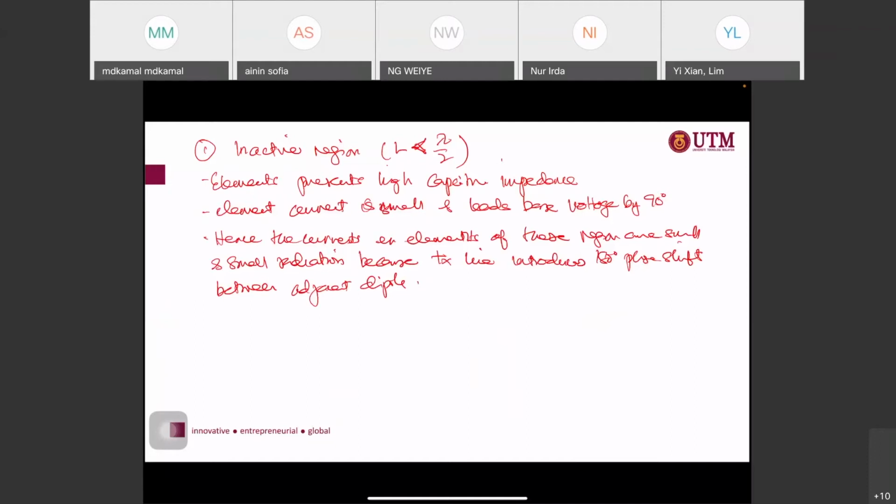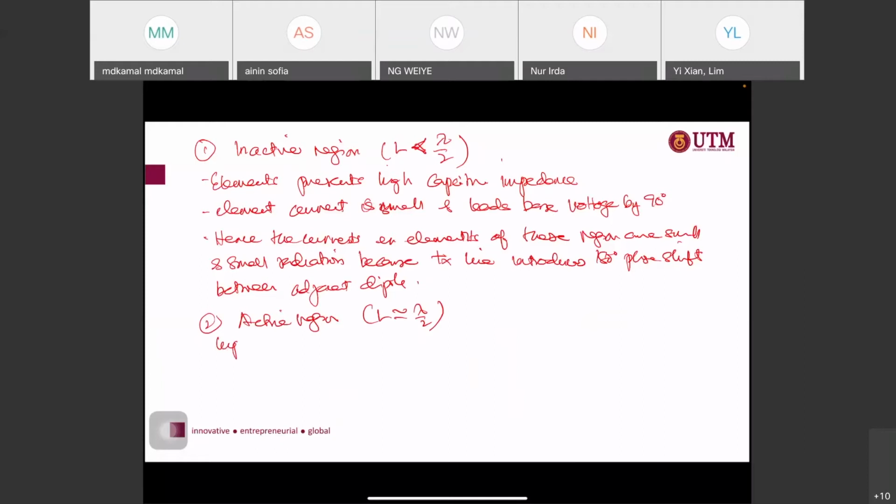And then the active region. What does it mean? The active region is when L is equal to half wavelength. So this is resonance.